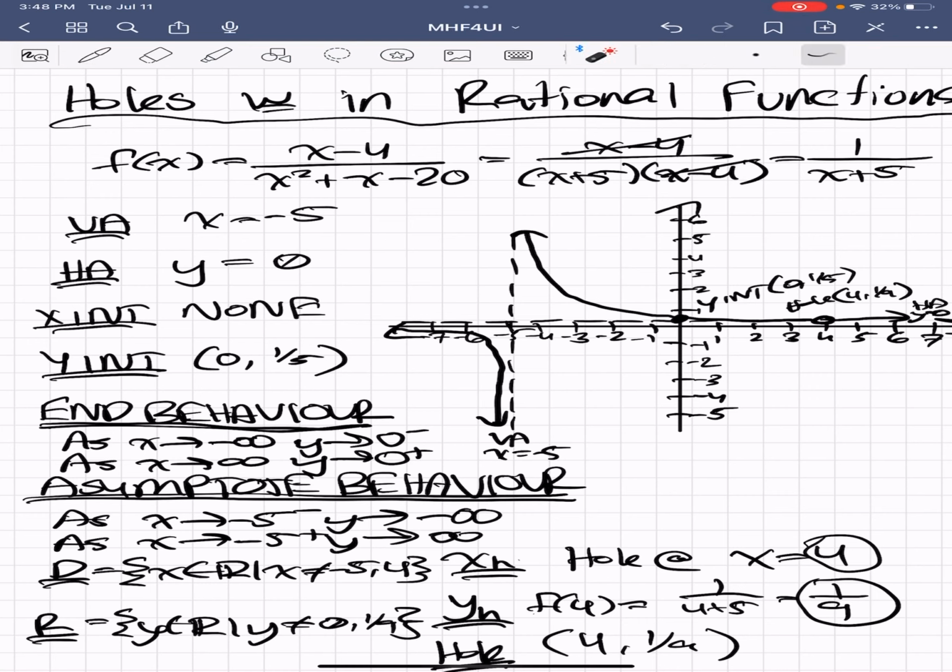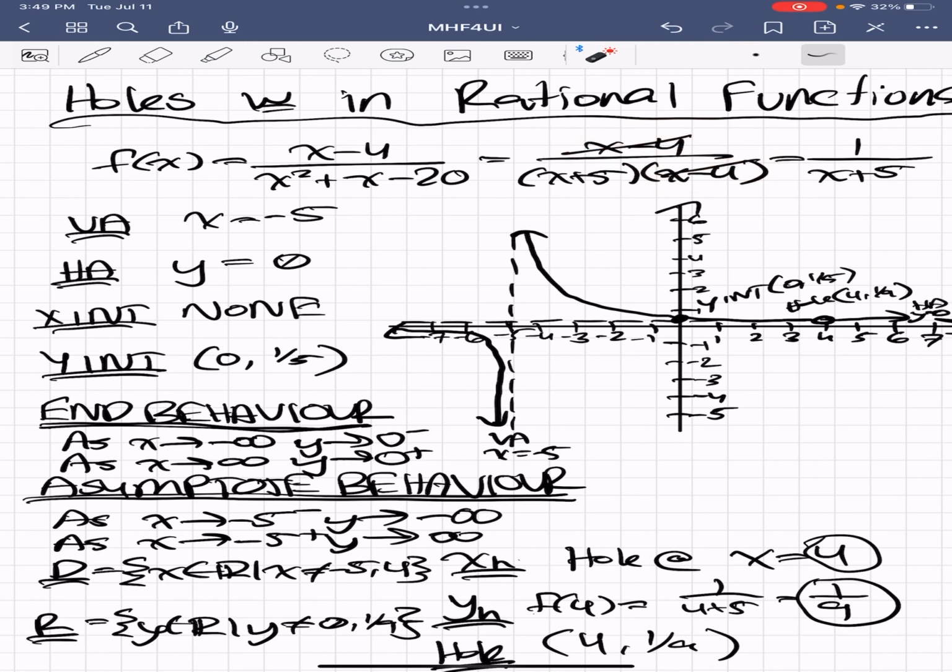Again, if there's a common factor on the top and the bottom of a rational function and you cross them out, that's the value of the x-coordinate of the hole. So you solve for x within that factor, and that's the x-coordinate of the hole.